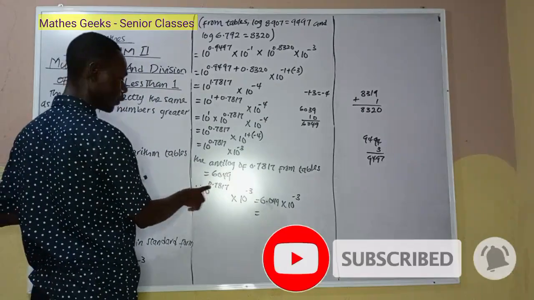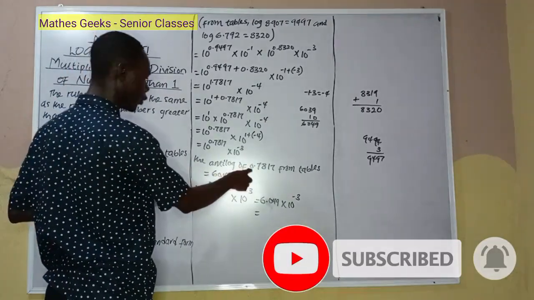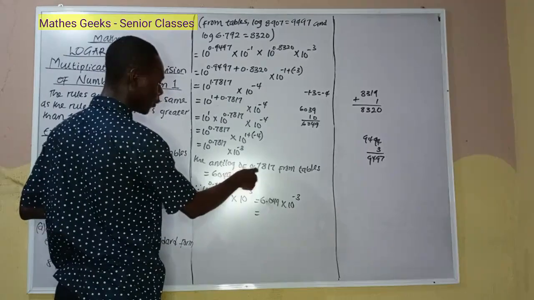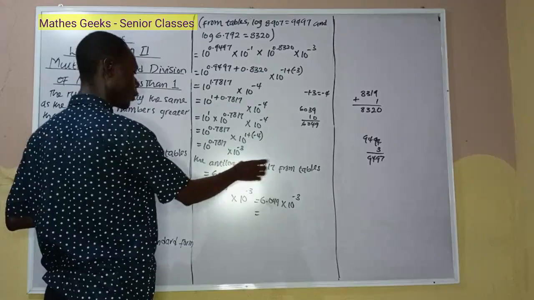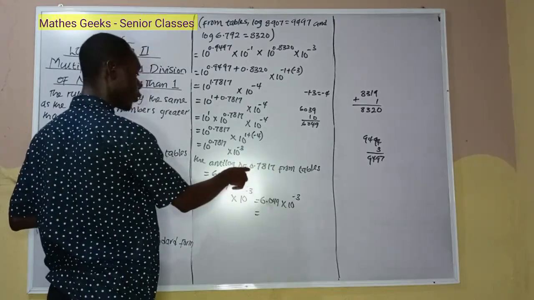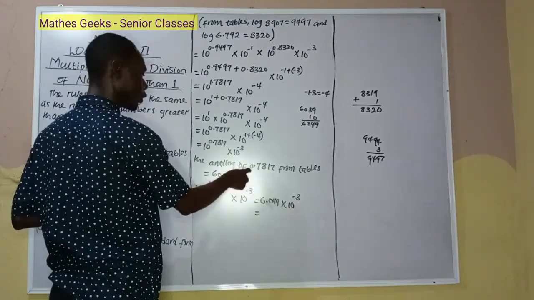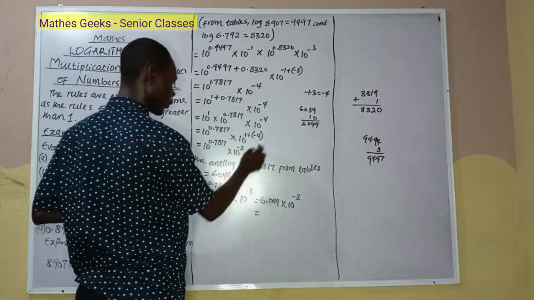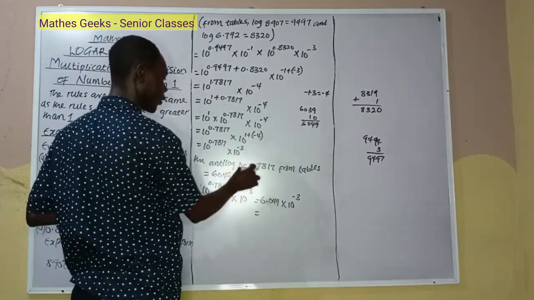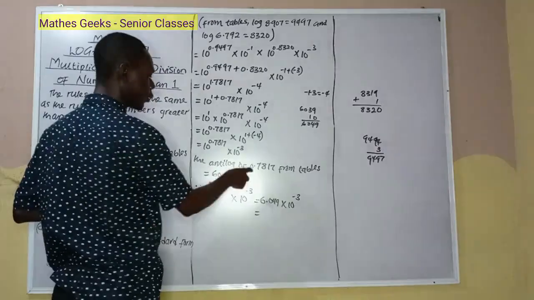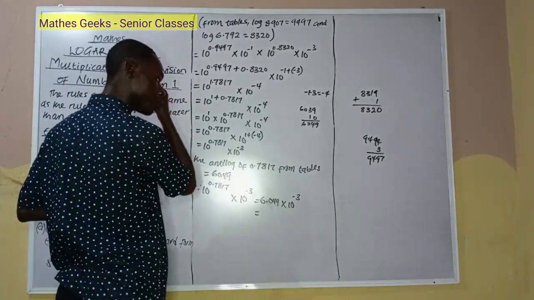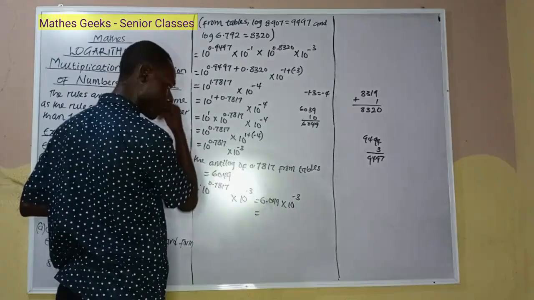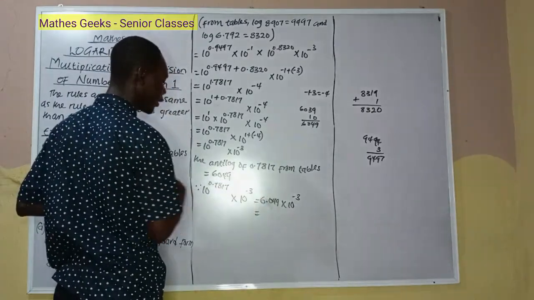Because when we got our antilog, the characteristic was 0, so the decimal point must be placed one place after the first significant figure.